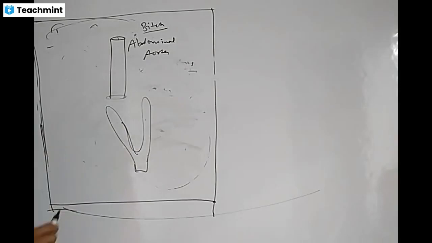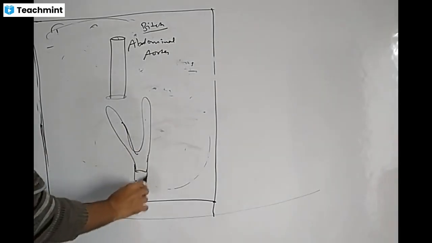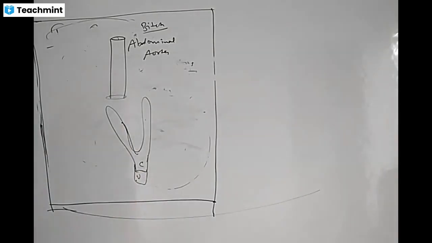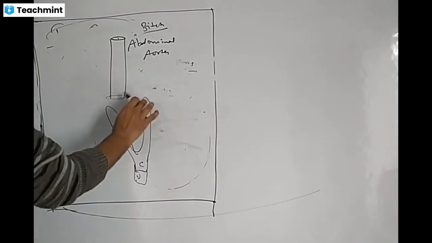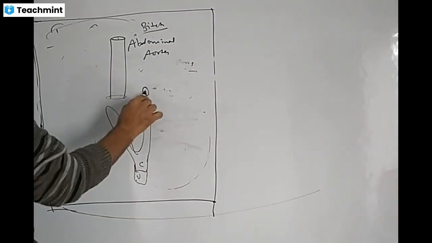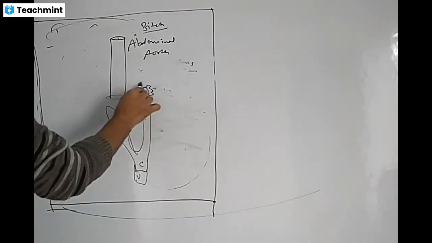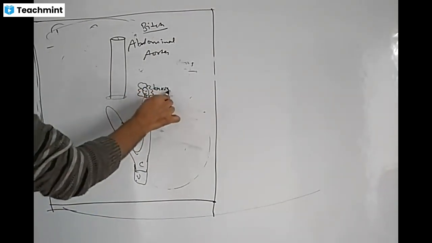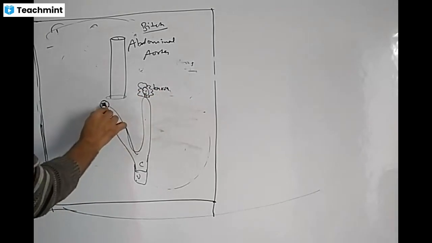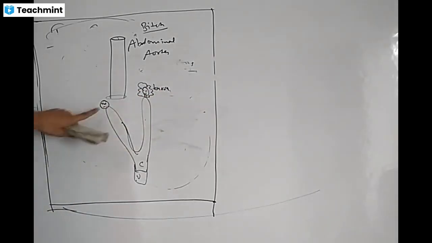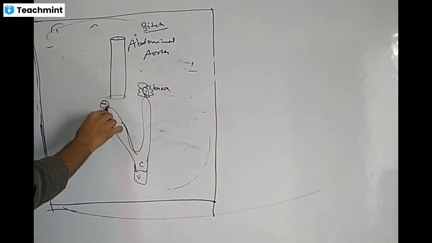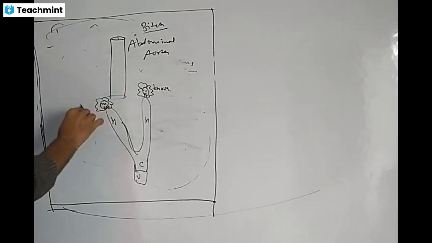These are the two uterine horns, uterine body, and cervix or vagina. This uterine horn is attached with the ovary, and the ovary is itself covered with the ovarian bursa. This side also we have an ovary, attached with the horn, and this ovary is also covered with the bursa.